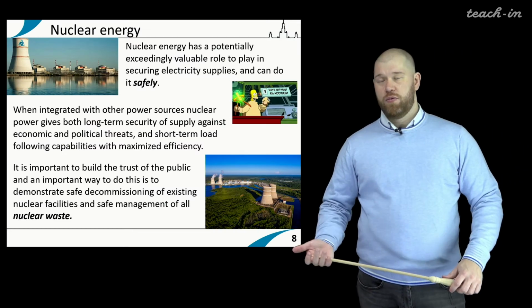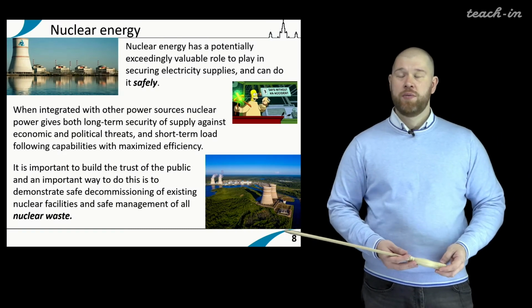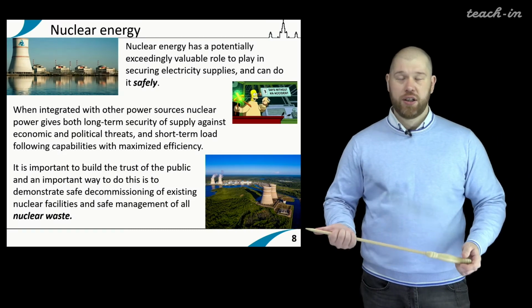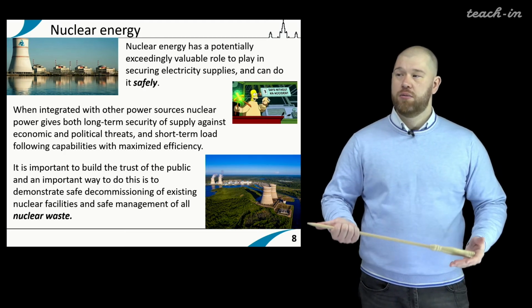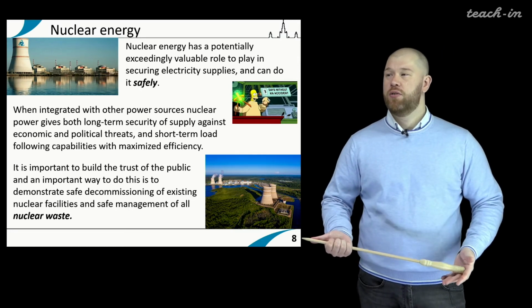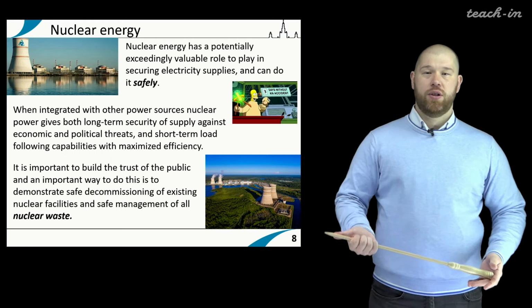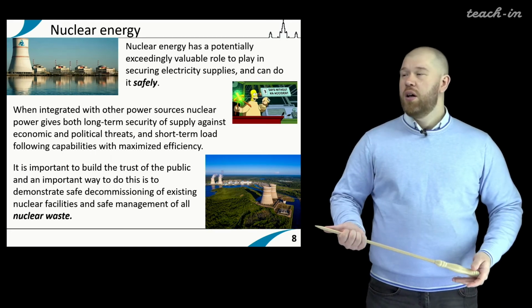So from these examples you can see that nuclear energy has a really great potential to play a role in secure electricity production first, and also nuclear energy can do it safely.